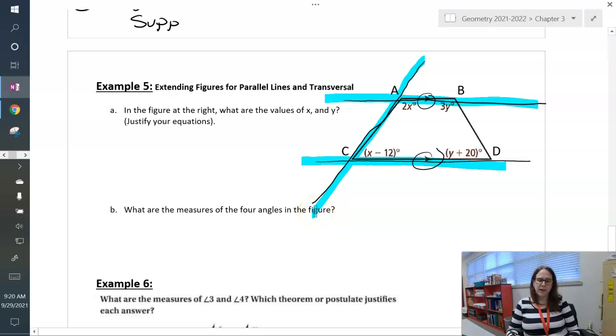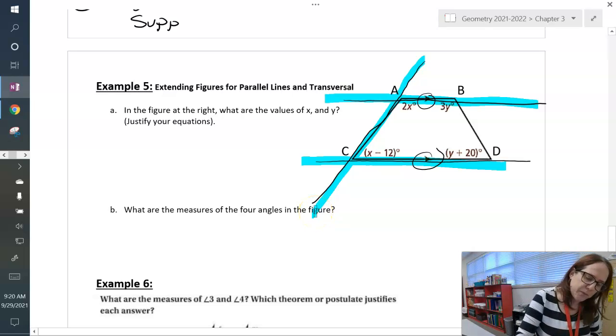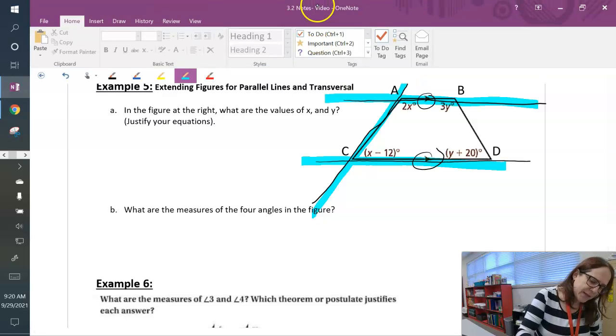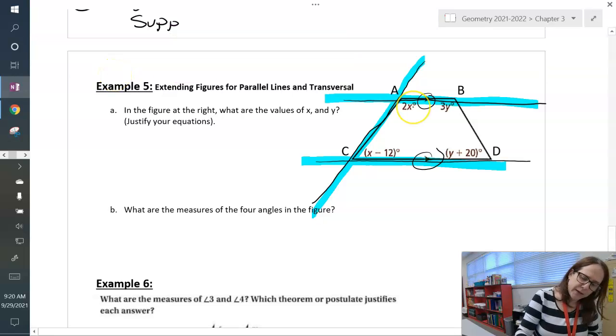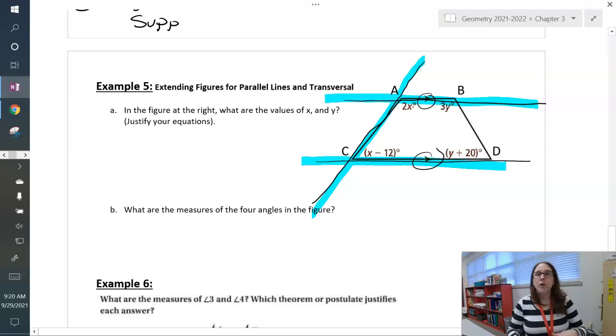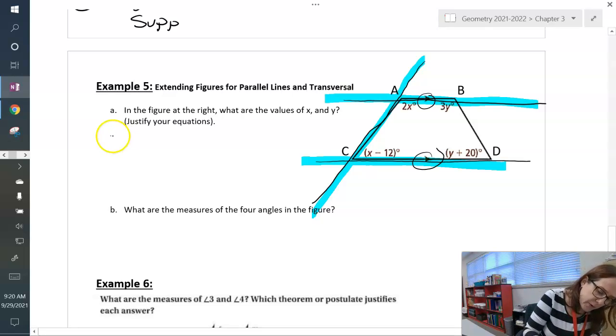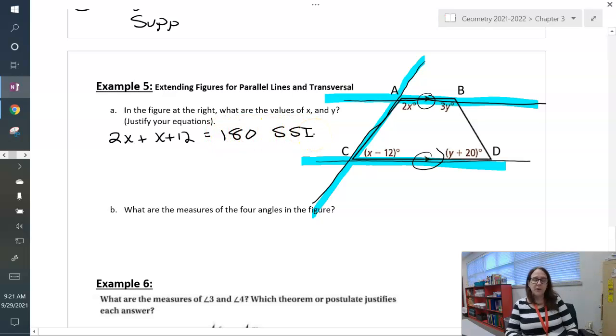I've got two parallel lines cut by a transversal, which means that my 2x and my x plus 12, those are same side interiors. So 2x plus x plus 12 equals 180. Same side interiors, that's my reason.